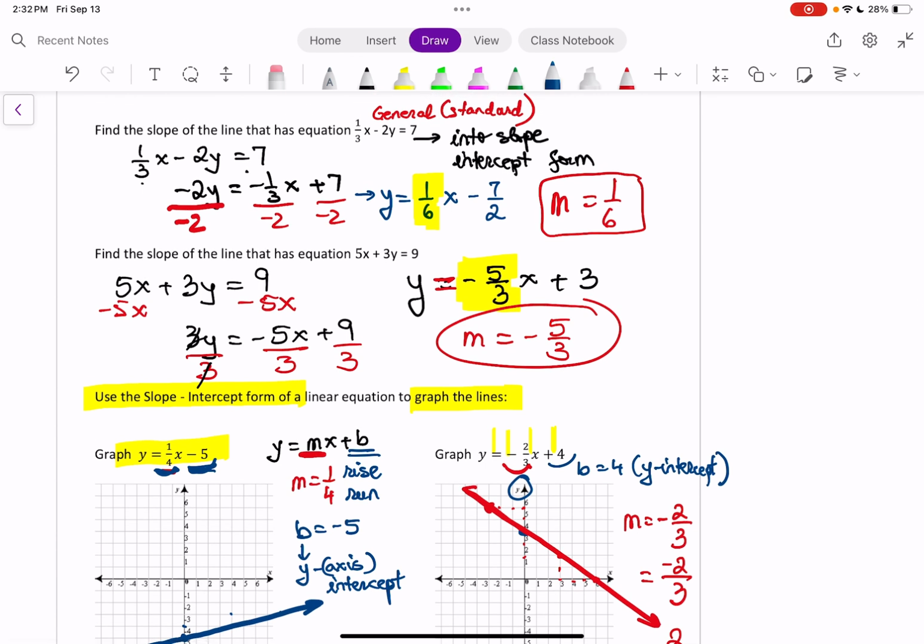So we went forwards and backwards. For homework, you will have a lot of chances to practice these problems both ways, forwards and backwards. Knowing the equation, find a bunch of things. Backwards, knowing a bunch of things such as slope, points, graph, find the equation of the line.